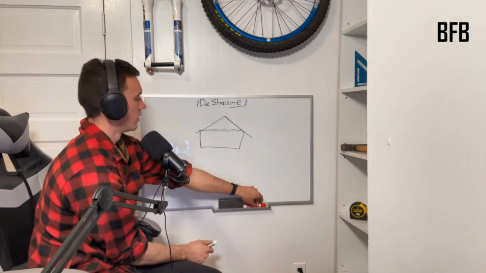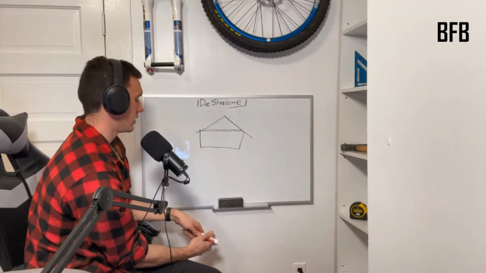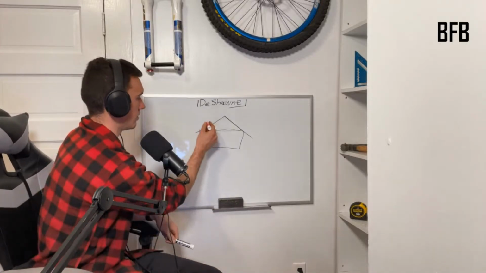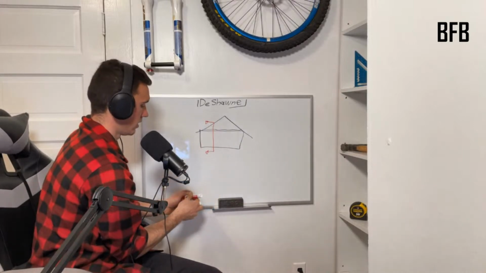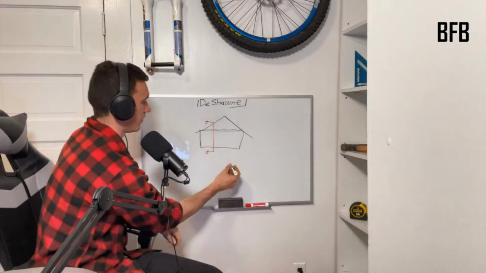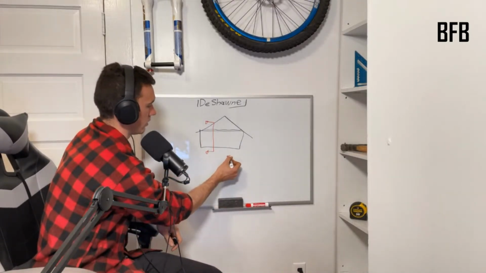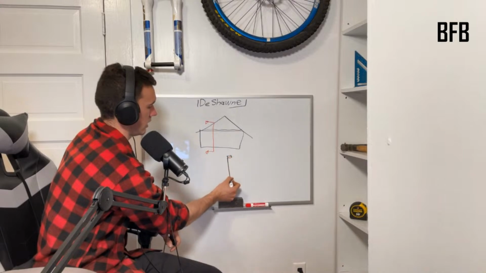So let's do a little cross section here. Okay, so I'm going to take a cross sectional view of this, and it would look like a wall, right? So we're going to draw double top plate, stud, not to scale, bottom plate.